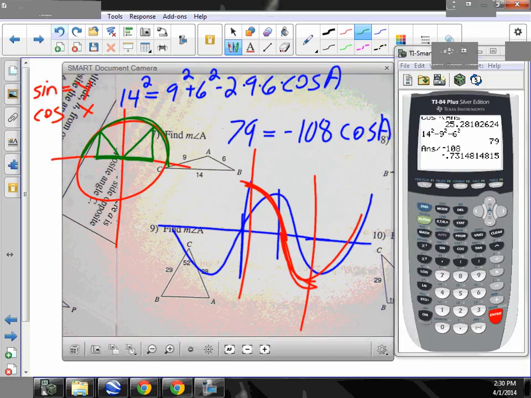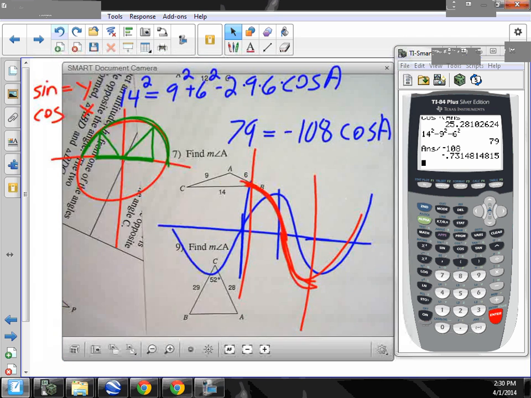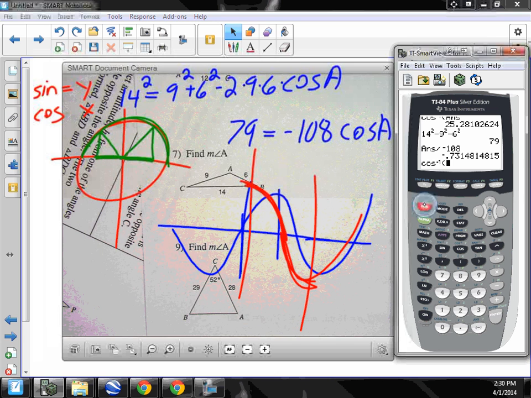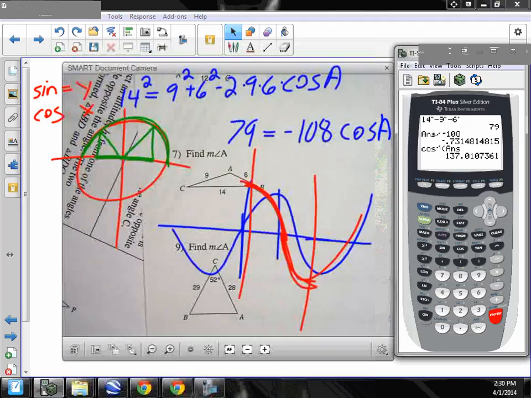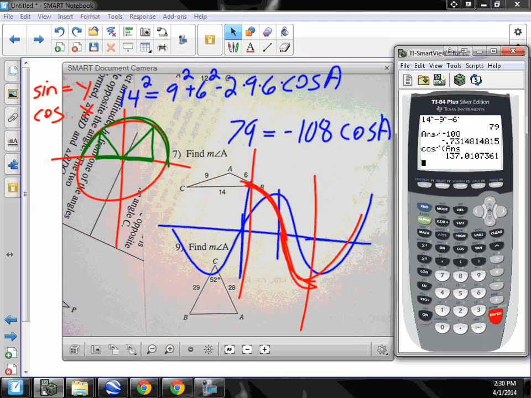So sometimes in the law of cosines, the ratio you get will be negative, which means it's in quadrant 2, which means the angle is bigger than 90 degrees. But the nice thing is the calculator understands this for you. If you invert the cosine, it will just give you that obtuse angle. So if you're finding the obtuse angle of an obtuse triangle, then your cosine value is going to be negative.